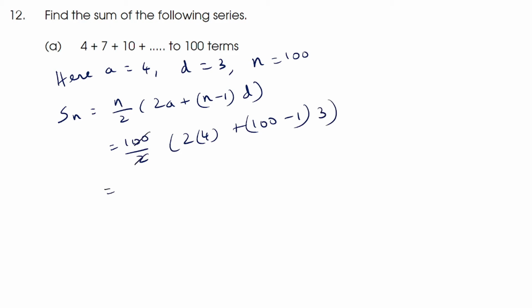So this is equal to 50 into (8 plus 99 into 3), or it is 50 into 305. So this is equal to 15,250. So the sum of the series 4 plus 7 plus up to 100 terms is 15,250.